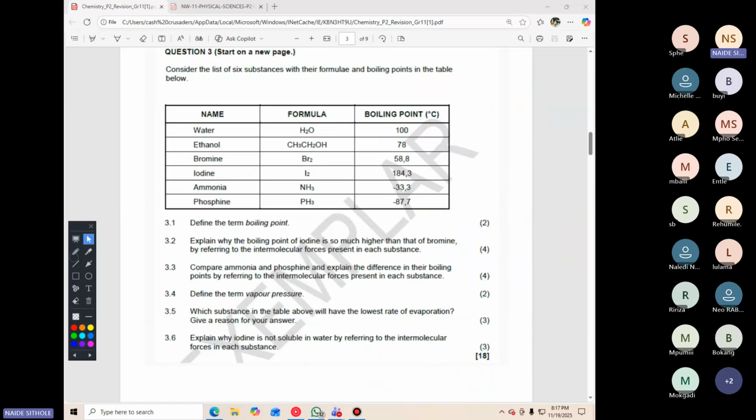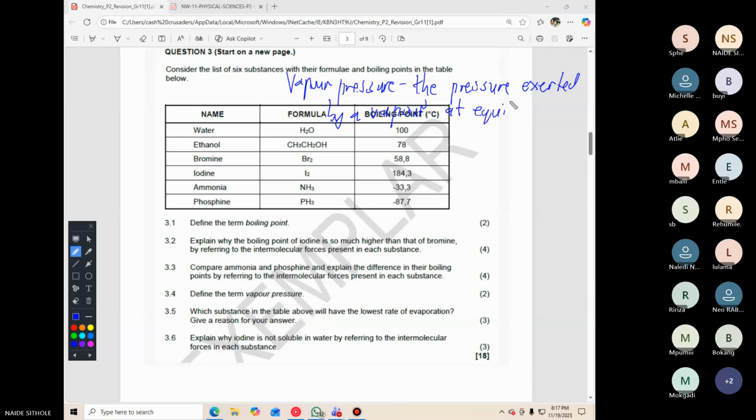So vapor pressure, we say this is the pressure exerted by a vapor at equilibrium with its liquid in a closed system.